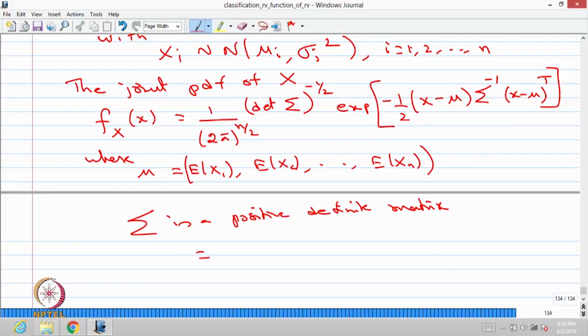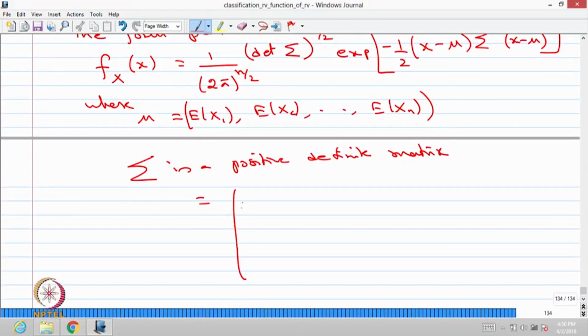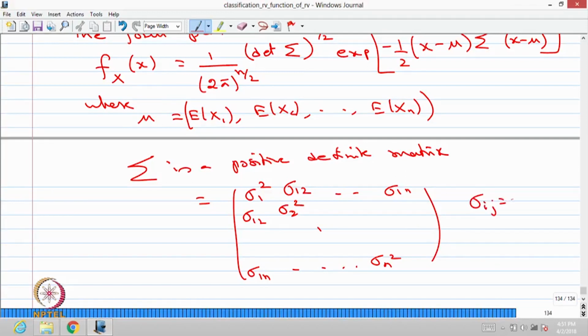That means the diagonal elements are variances and the off diagonal elements are covariances between any two random variables, denoted by sigma 12. Since sigma 12 is the same as sigma 21, both are written as sigma 12, and the last element in the first row is sigma 1n, where sigma ij is nothing but the covariance of Xi with Xj.